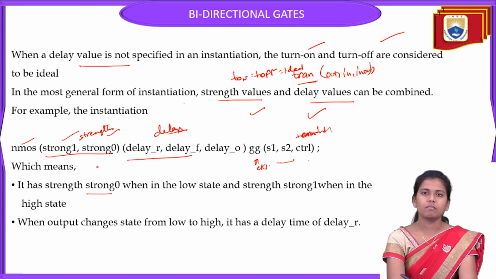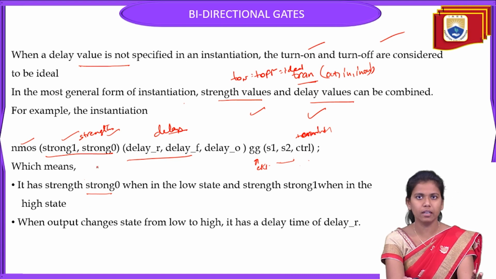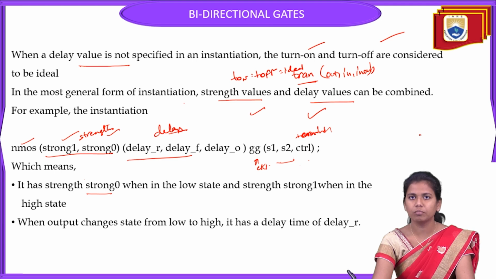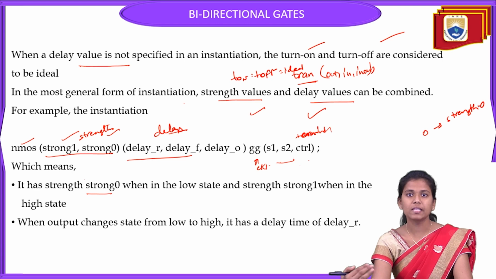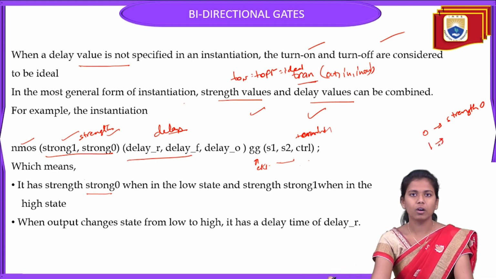So when it comes to the strengths of a signal, if the signal is in the low state, then we represent the strength of that particular signal as strength 0. When the signal is in the high state, then we represent the strength of that particular high state signal as strength 1.